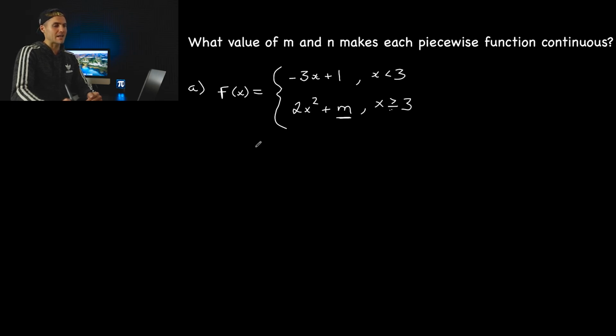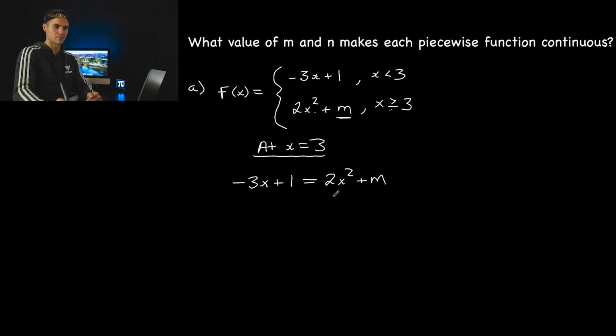So basically what's going to happen is at that meeting point of x is equal to 3, both of these pieces are meeting at an x value of 3. At an x value of 3, these two functions have to have the same y value, right?